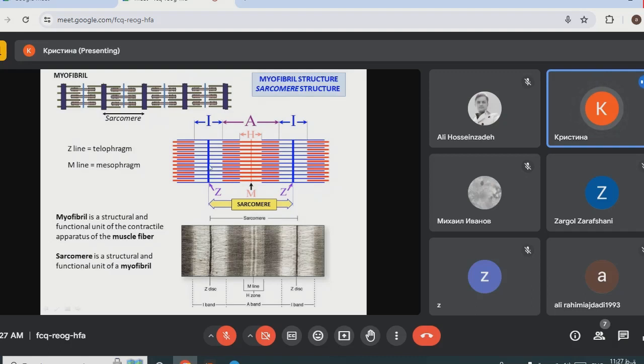In this picture, thin actin myofilaments are blue and thick myosin filaments are red. During contraction, the actin myofilaments will move deeper between the myosin filaments because the myosin filaments have these heads which attach to actin myofilaments and pull them to the middle zone, towards the M line.